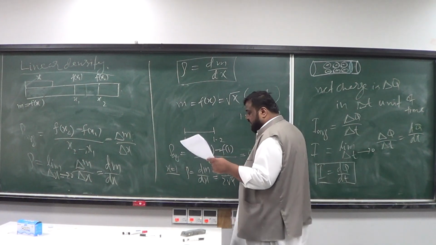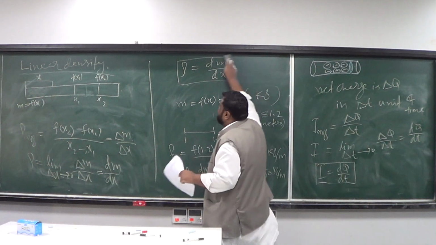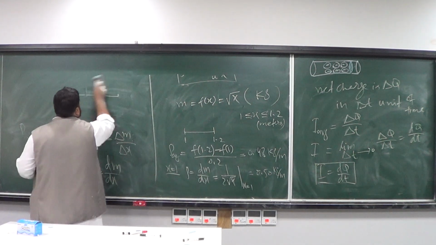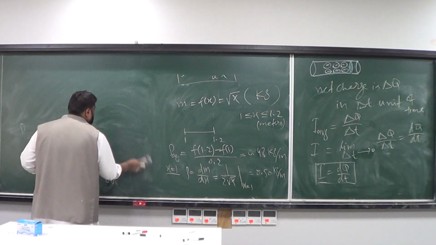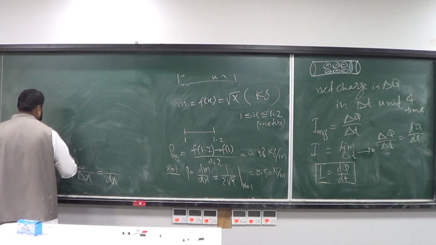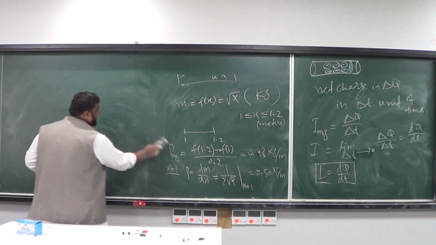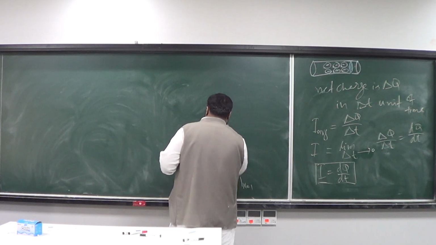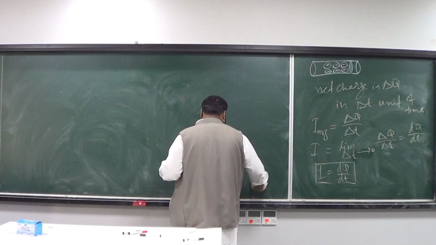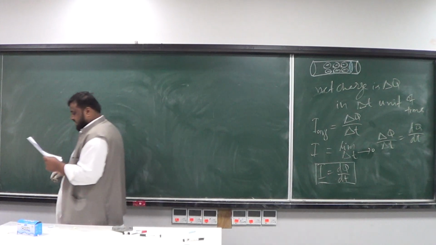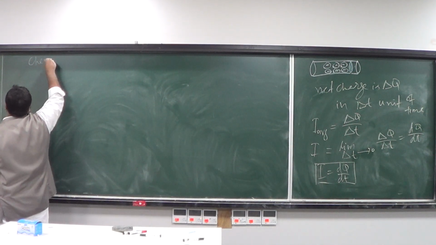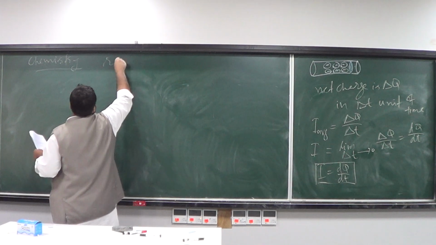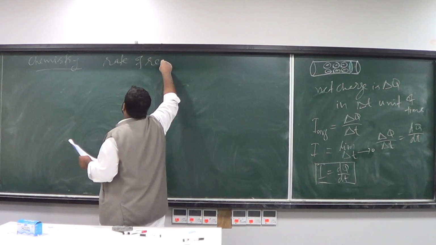For example, these were some examples from physics. Let's take one example from chemistry. Imagine a chemical reaction. In chemistry, you're talking about, say, rate of reaction.